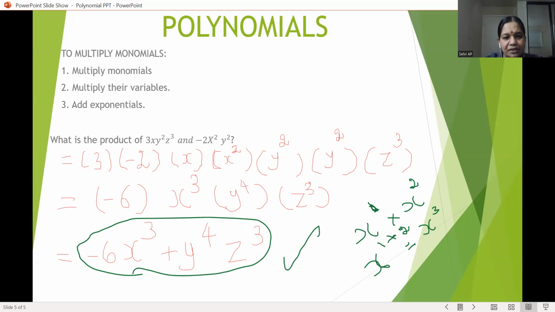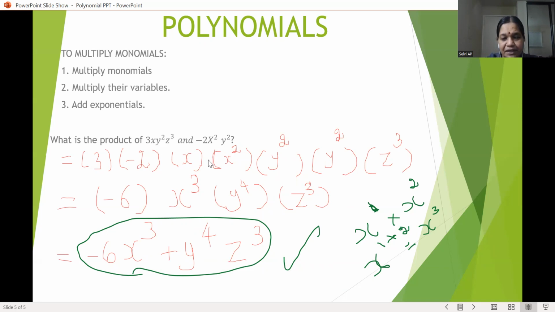Then you check this x term. See here, x squared. Okay, so coefficient of both x terms is 1. So 1 into 1, 1. So x into x. Here you have to keep it in your mind. The exponent value we are going to add it.